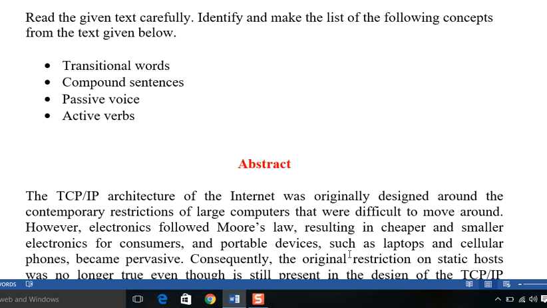So solve the assignment properly, and try to do it yourself so that you may have understanding. No problem if you commit some errors in the assignment, but it must be duly executed by you. Thank you very much.